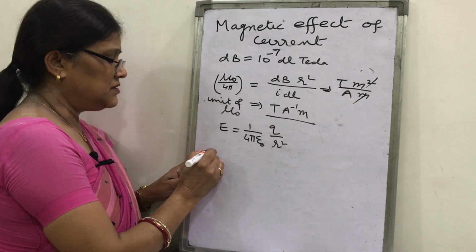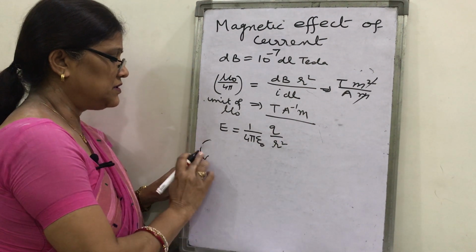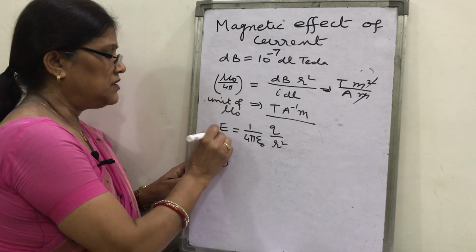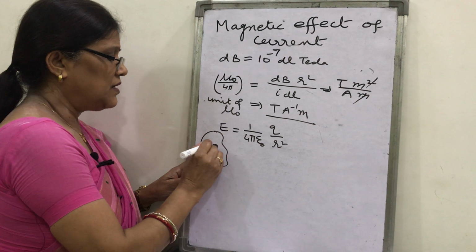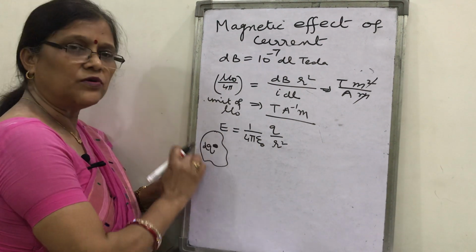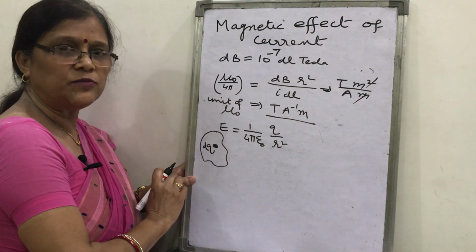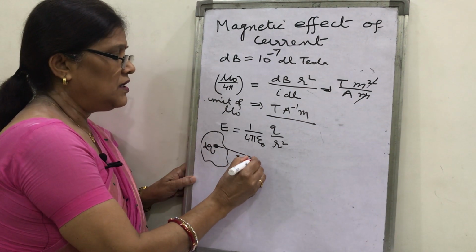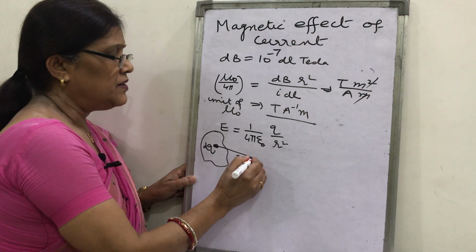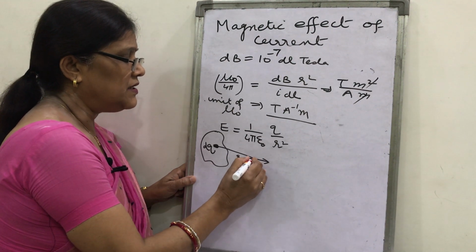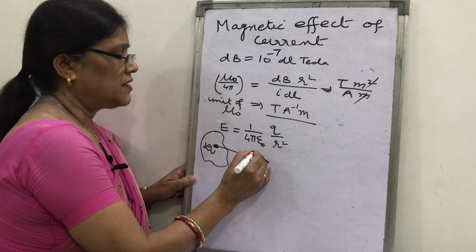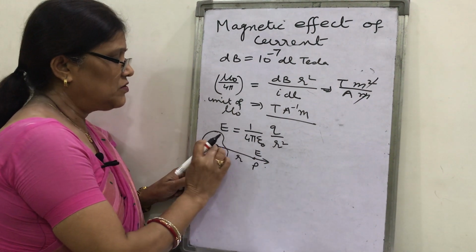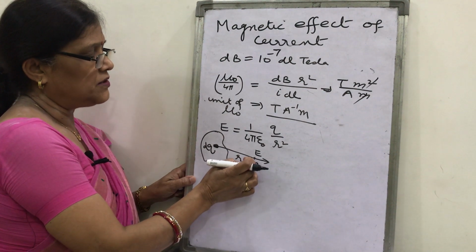Suppose this is the charge q, or you can have a charge distribution, where at a particular point there is a small element of charge dq, and at a distance r is the point P. The electric field is in the direction of r, that is along the line joining the point P and dq.